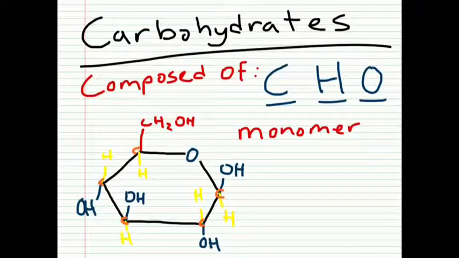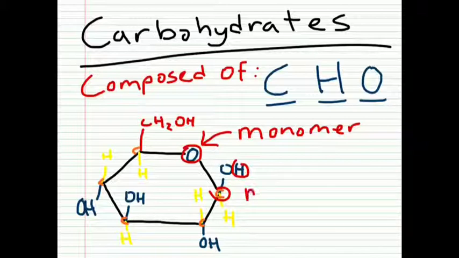Now we said that the carbon, hydrogen, and oxygen are what actually make it up, and you can see there is no other element besides carbons, oxygens, and hydrogens in this molecule. And this is what the monomer is. The Lego building block of carbohydrates is partially this structure along with some others, and they are called monosaccharides.